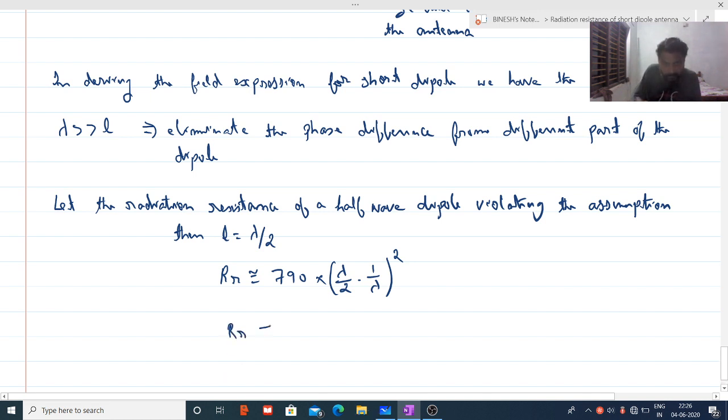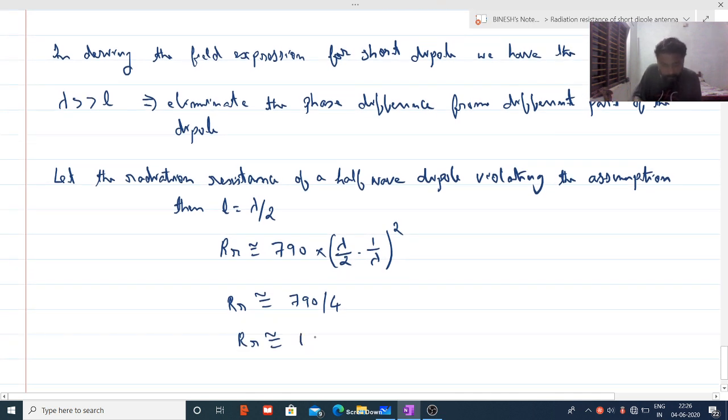So R_R is nearly equal to 197 ohm. This is the radiation resistance of a half-wave dipole antenna.